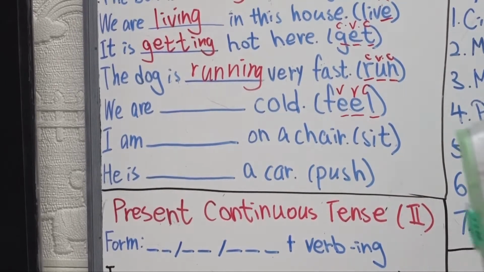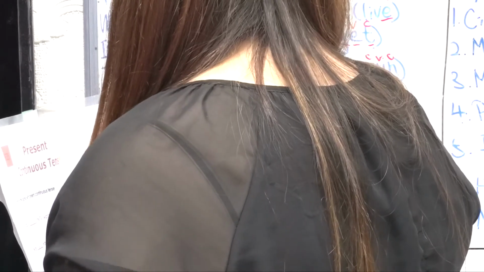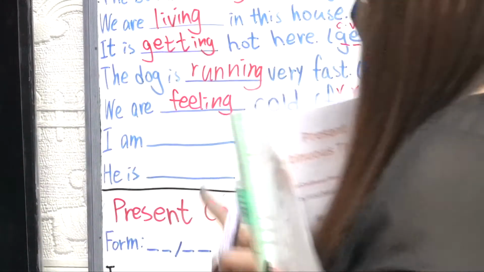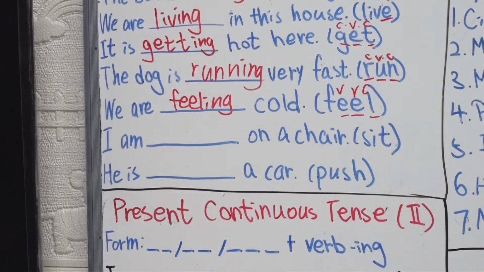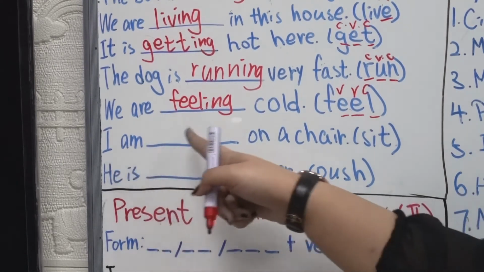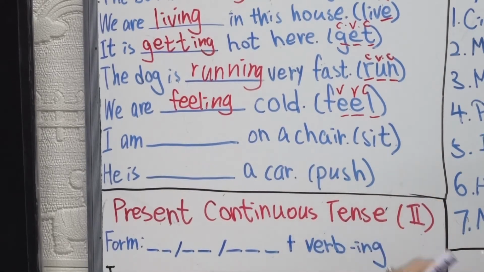So we don't have to change anything. Just add ing. We are feeling cold. Next one. I am what on a chair? Sit. So how do we change the verb sit?